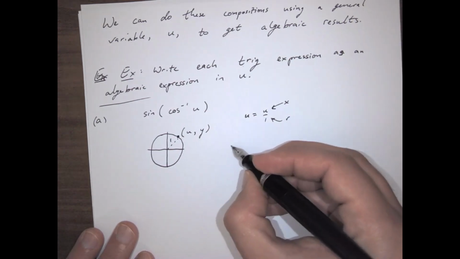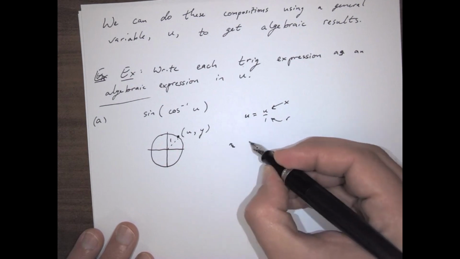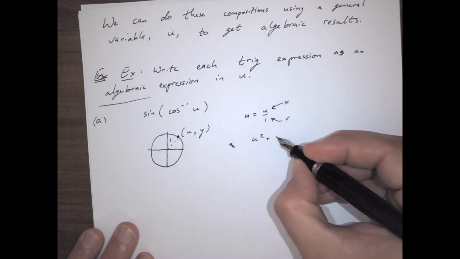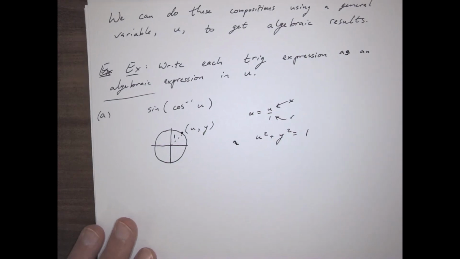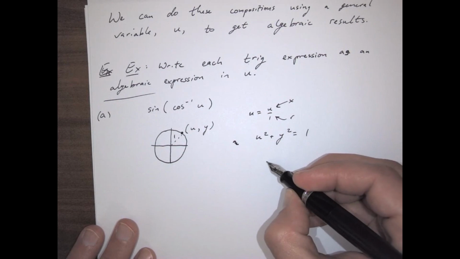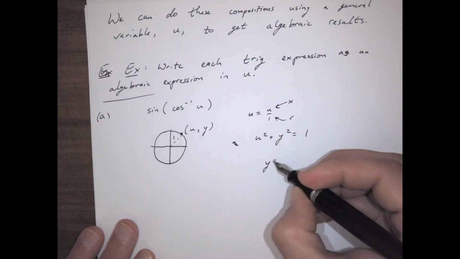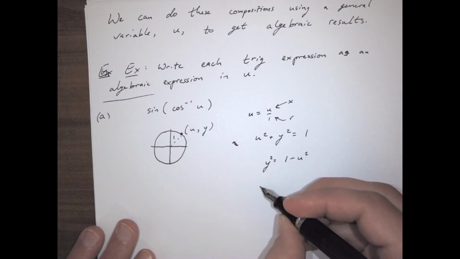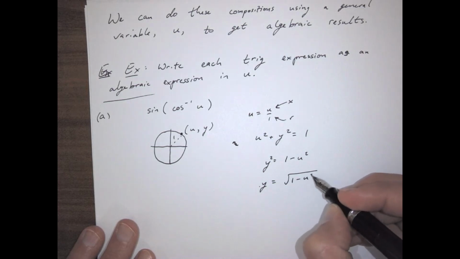So u is the x-coordinate, we don't know the y-coordinate, we know the radius is 1. Since x squared plus y squared equals 1, u squared plus mystery y squared also equals 1. And so if I solve this for y, I'll get y squared is equal to 1 minus u squared. And that means that y is equal to the square root of 1 minus u squared.